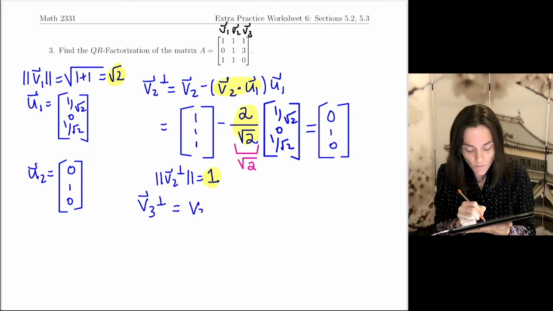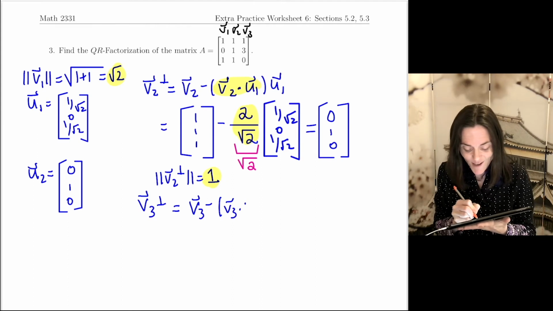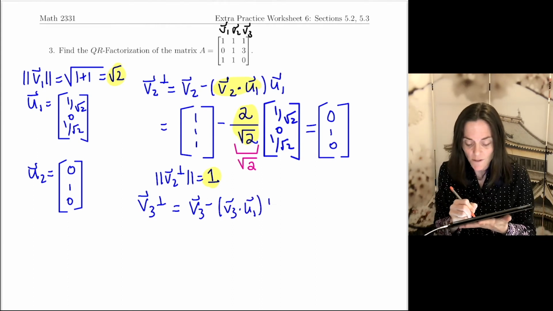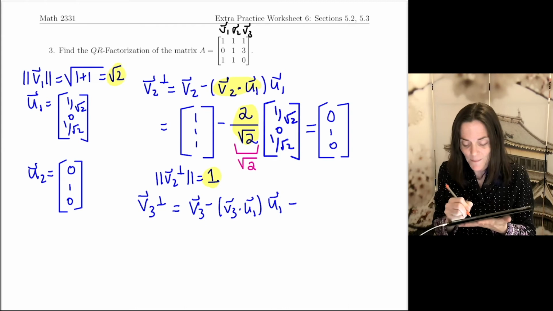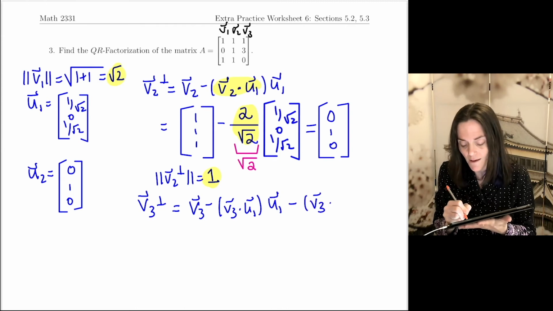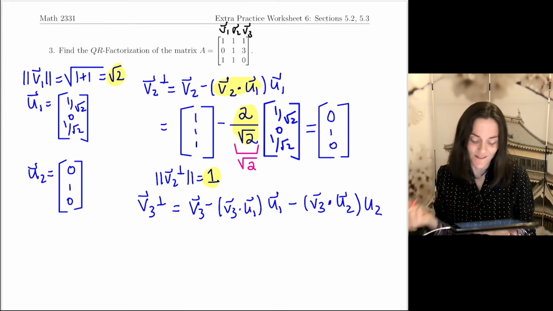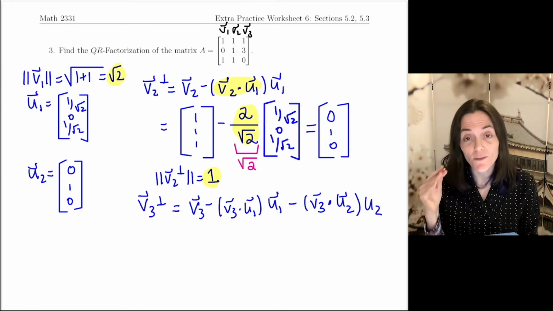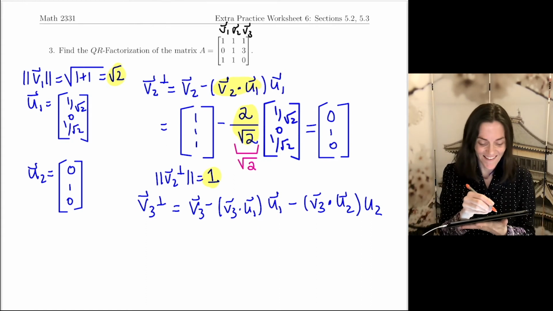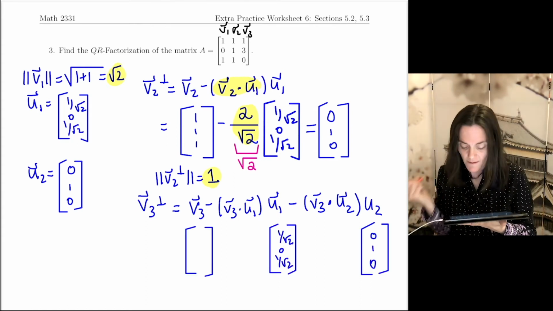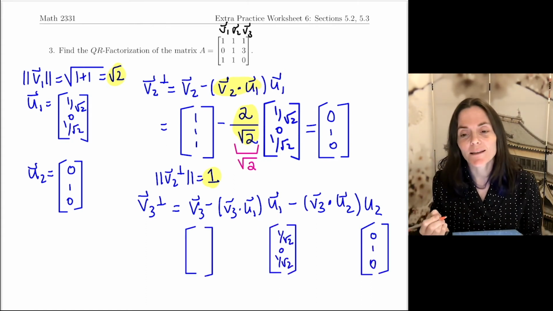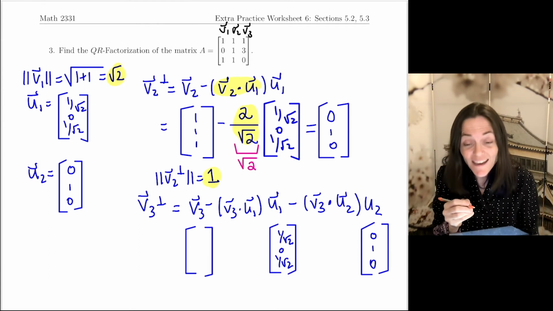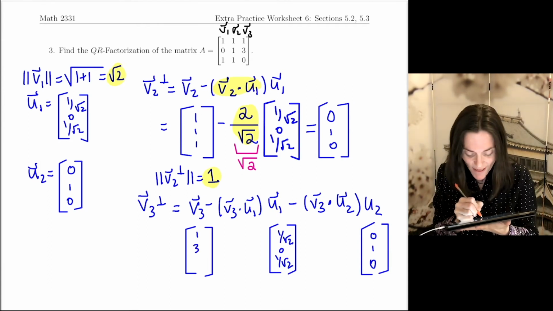We take V3 minus, we have V3 dotted with U1 times vector U1, and then minus, we have V3 dotted with U2 times vector U2. This gives me my third direction. So there I have filled in U1 and U2. V3 is the vector 1, 3, 0.